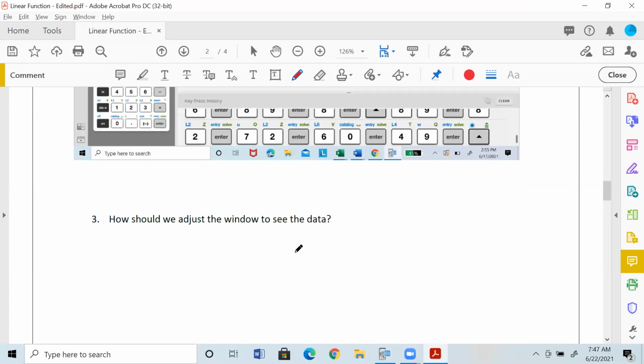So how should we adjust the viewing window to see the data? First, we want to turn on the scatter plot.